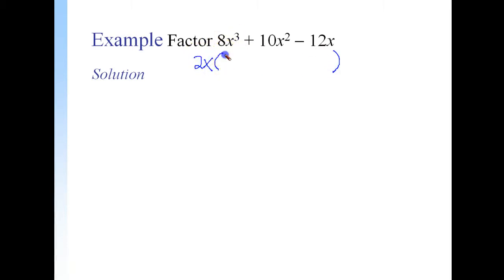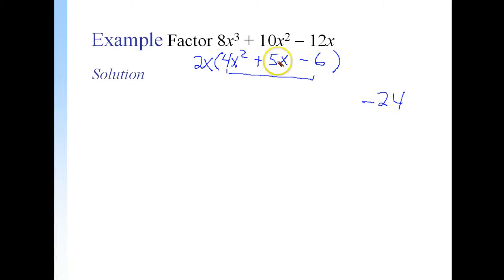So this gives me then a 4x squared plus 5x minus 6. And now we're going to use the AC method. A times C is a -24. And this one actually looks a little easy because we already did it, except this sign is now positive.